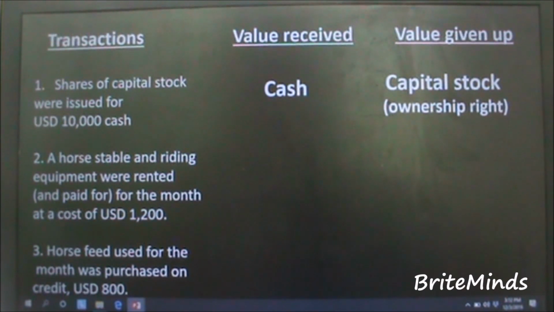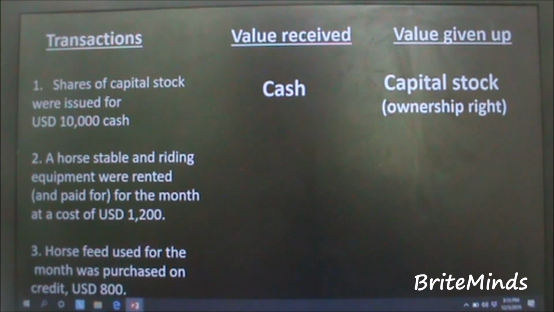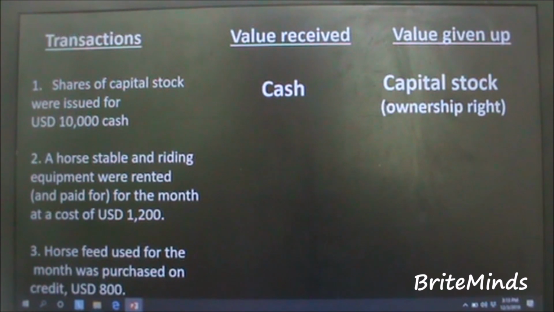Then the second transaction states that a horse stable and riding equipment were rented and paid for the month at a cost of 1,200 US dollars. So what will be the value received? The value received will be the right to occupy.